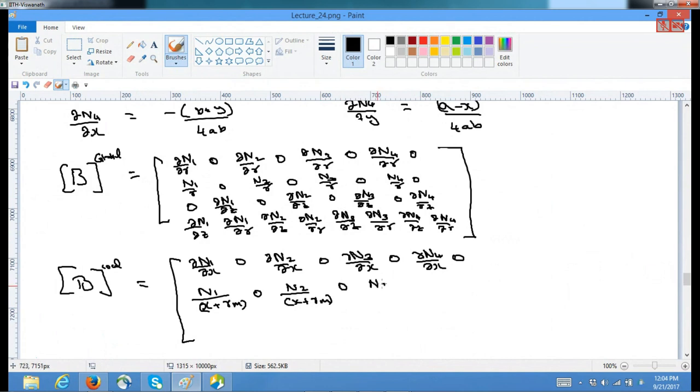n3 by x plus rm, 0, and n4 by x plus rm, 0.